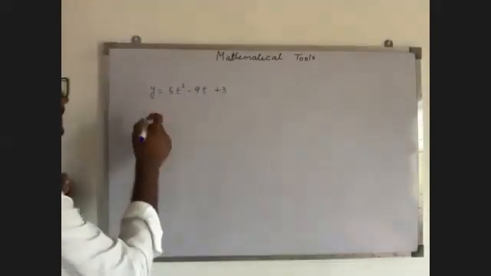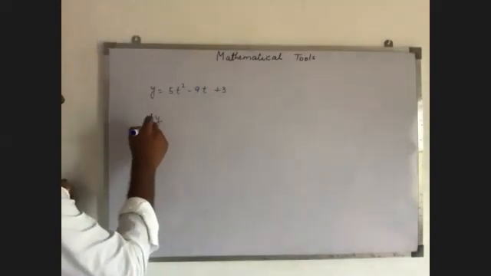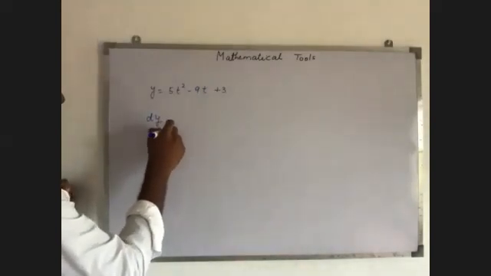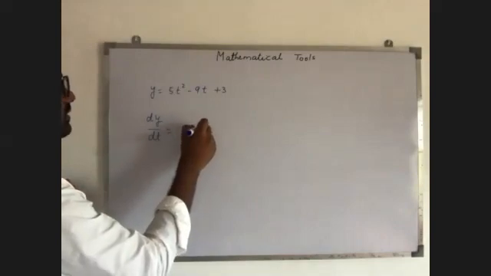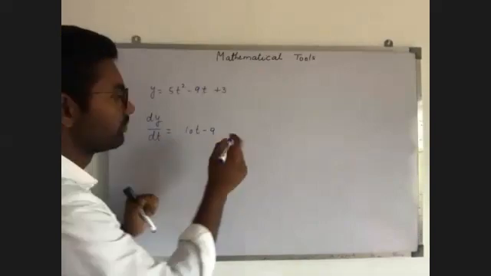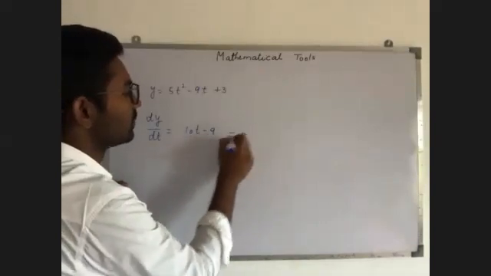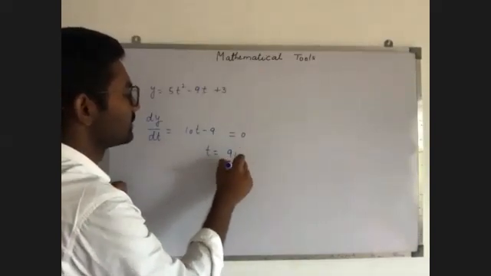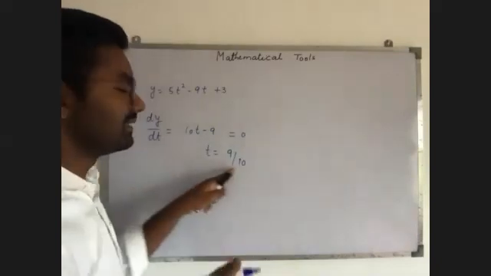So if I differentiate, can I say that dy by dt equals 10t minus 9, and this is dy by dx, make it equal to 0. So you will get a point, t.